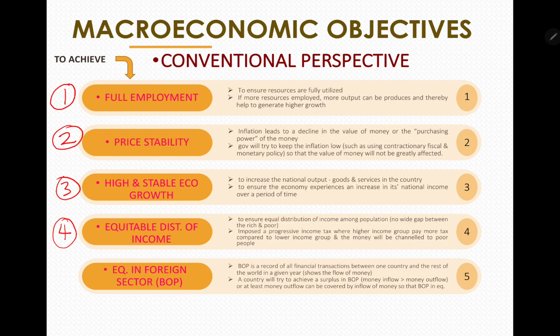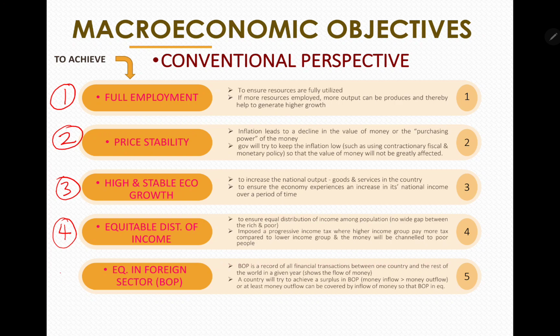By using the taxation system, such as a progressive tax, where higher income needs to pay a higher percentage of tax compared to lower income. They will also provide subsidies and other incentives or aids to help narrow down the gap between the rich and the poor.